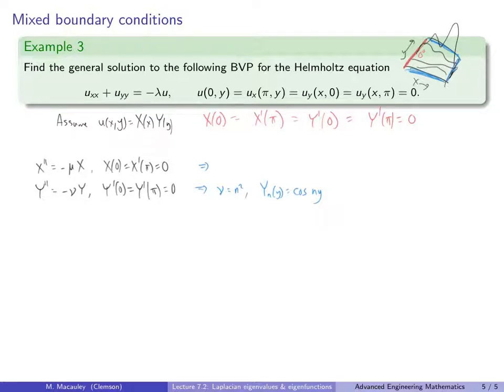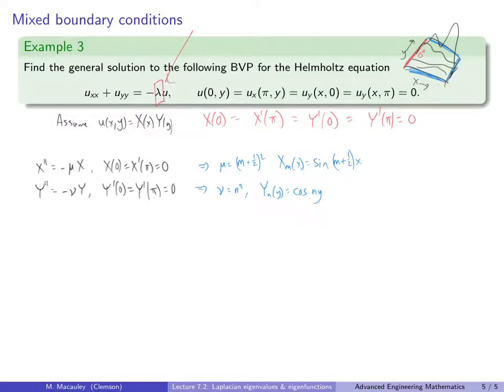Do you remember that? Mu was the half integer, so m plus 1/2 squared, and X_m of x was sine of (m plus 1/2) x. So now we have the eigenvalues.